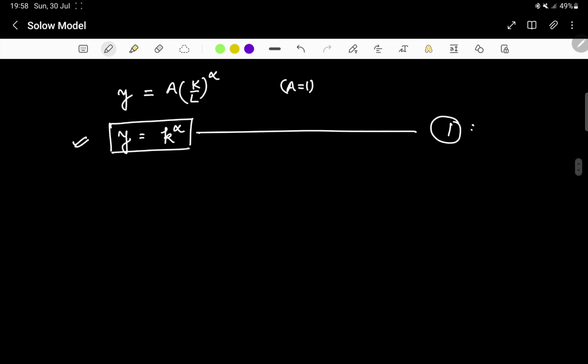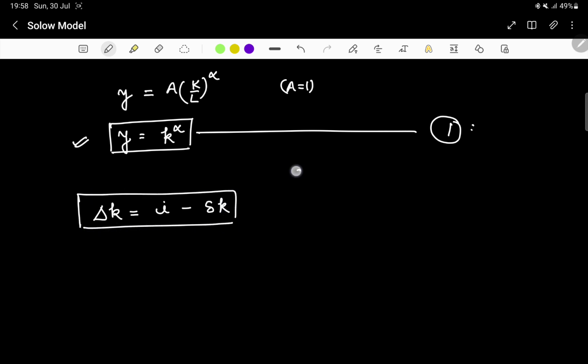Now we will look into change in capital stock. We know the change in capital stock is equal to the investments that are done in the economy minus the depreciation which is taking place in the economy. Intuitively, the change in capital stock will be equivalent to investments minus depreciation.